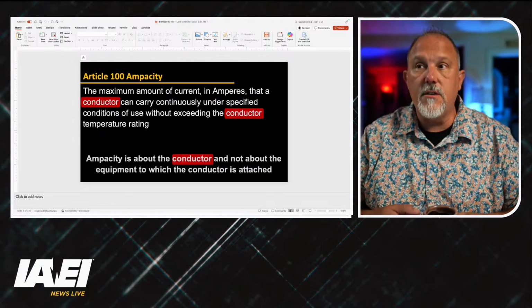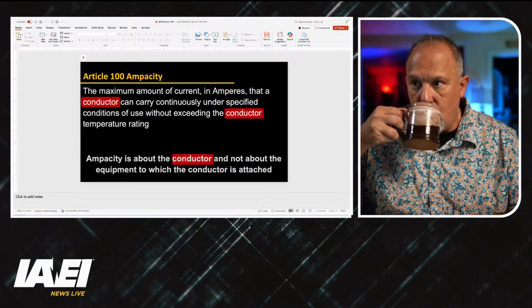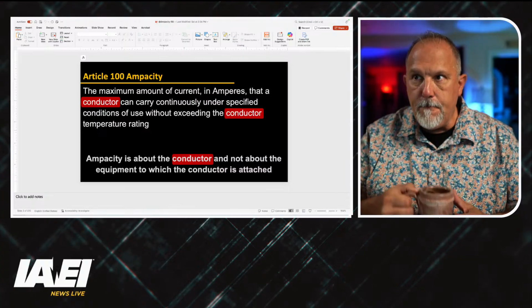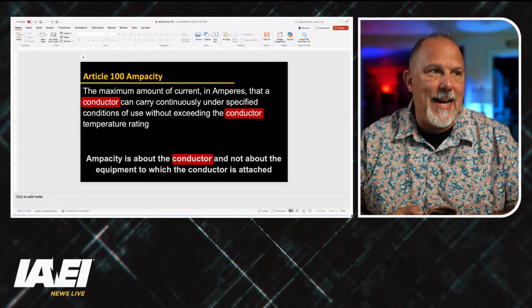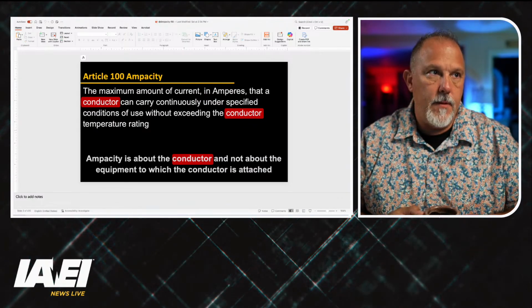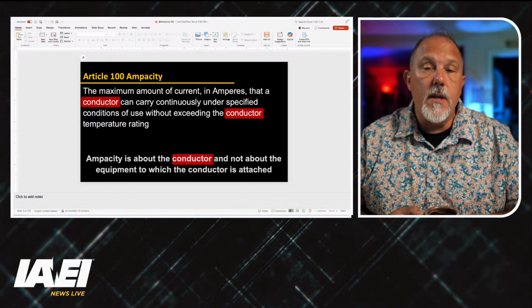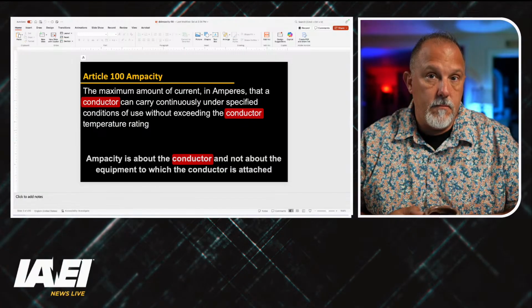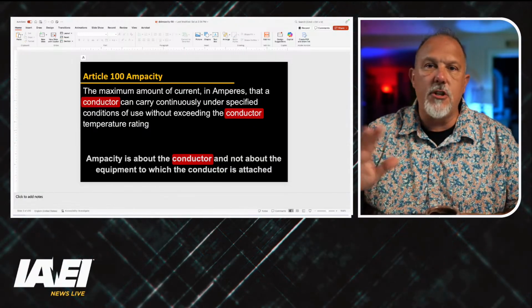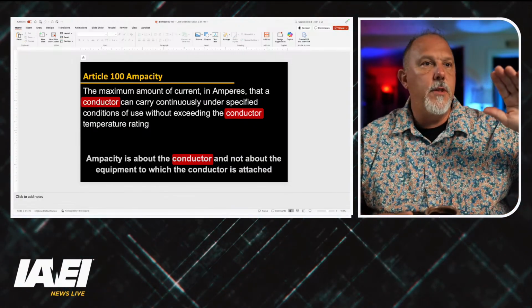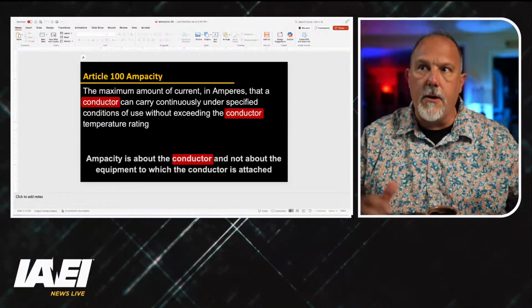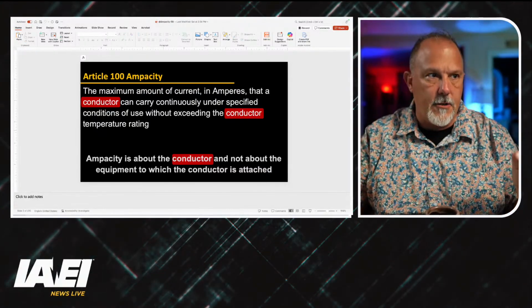So the conditions of use and the discussion of ampacity in 310.14 is around the conductor. It's not about the motor. It's not about the transformer. It's not about the panelboard or the circuit breaker. It is about the conductor.